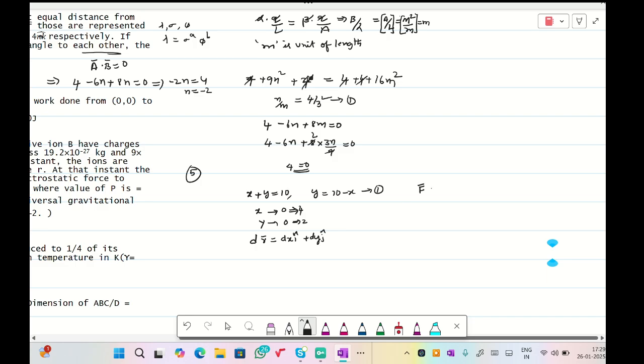F bar is given as x square y i cap plus y square j cap.